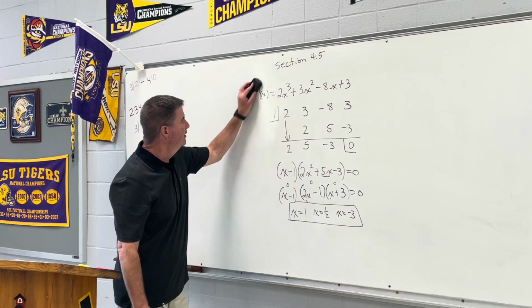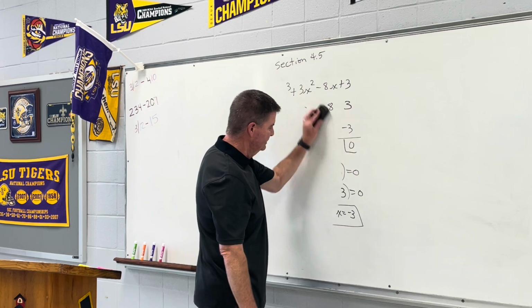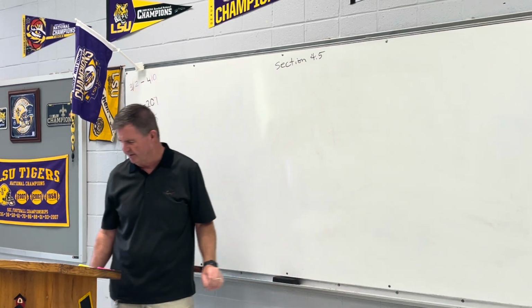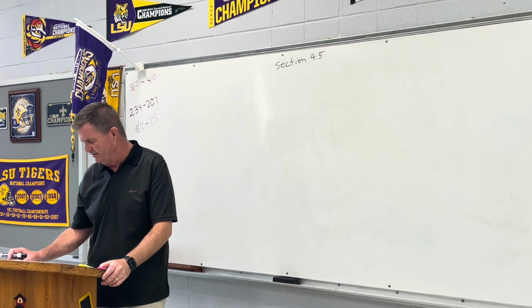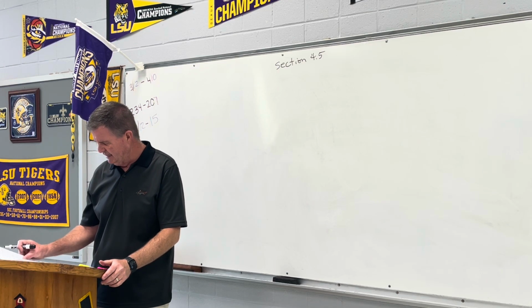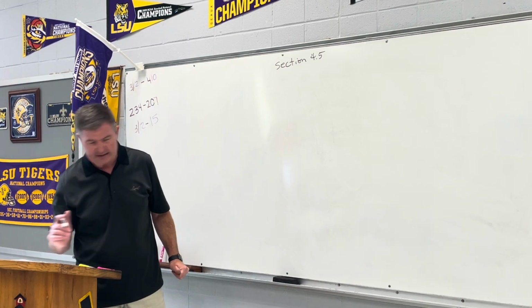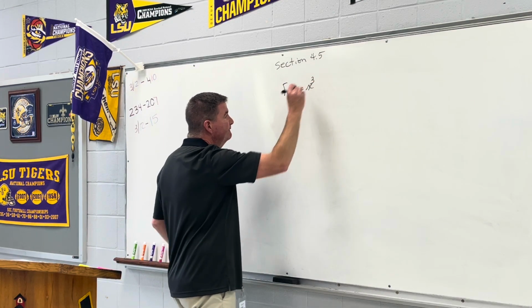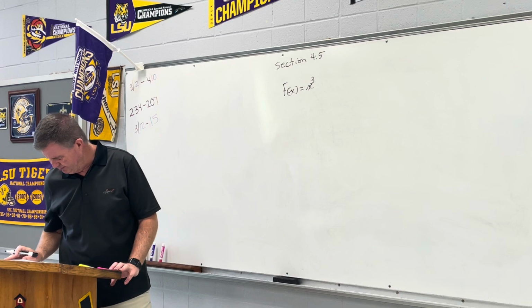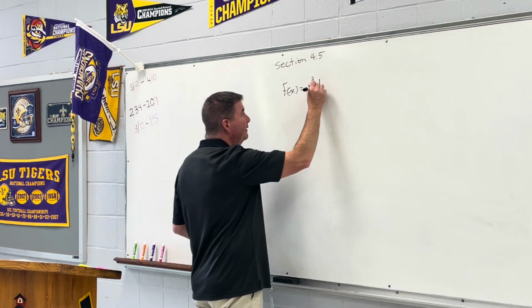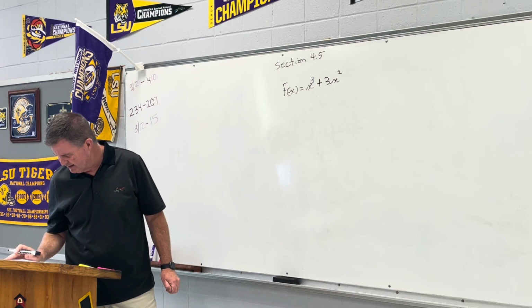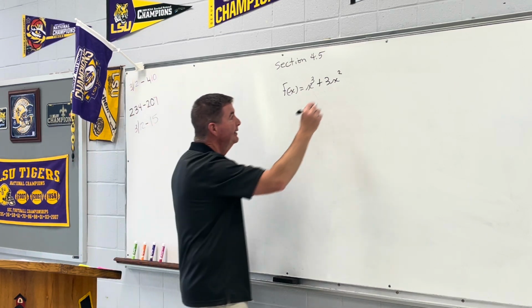So let's try another one. The next example, again, is going to ask us to find the zeros. It's going to say find all the zeros. And this time they're going to give us f of x is equal to x to the third plus 3x squared minus 3x minus 9.